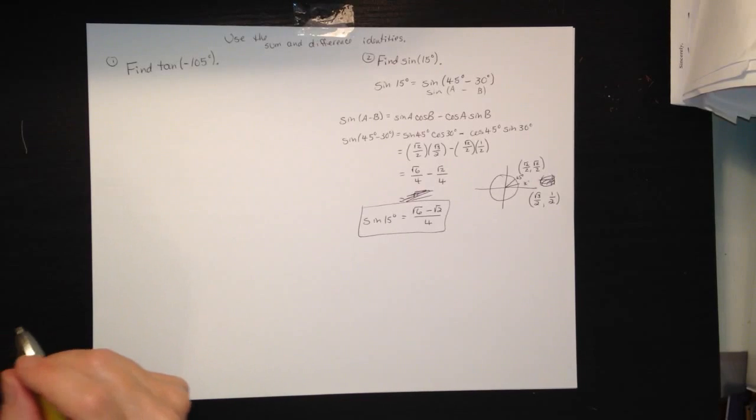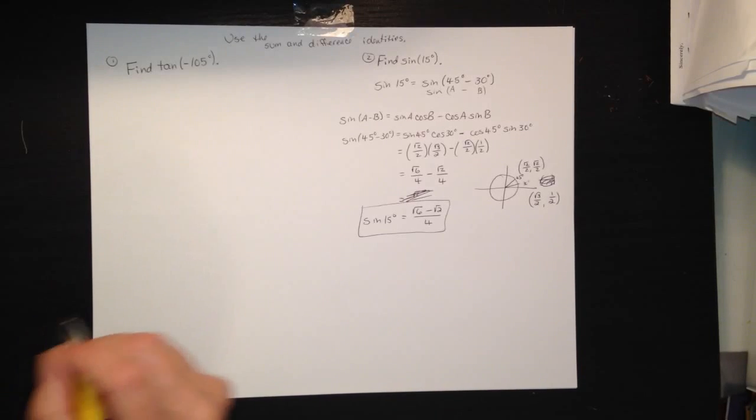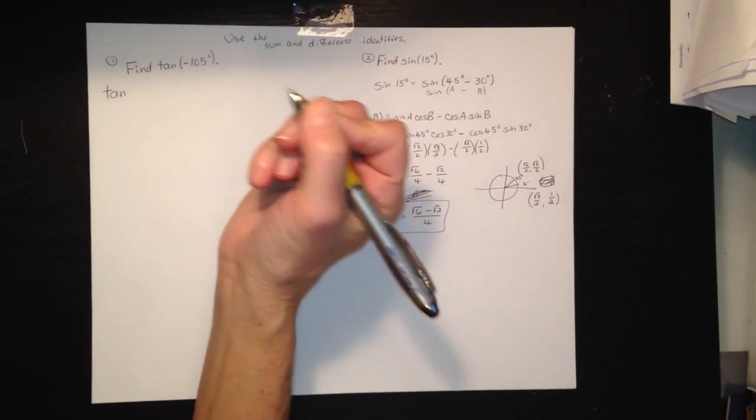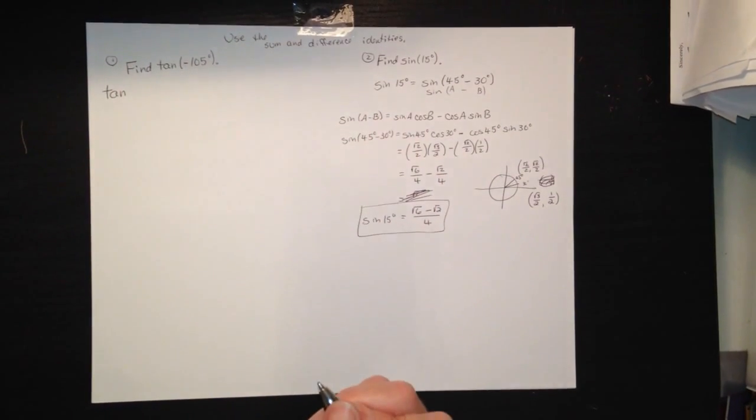All right, for the tangent, I'm going to choose to do it a little bit differently. I wanted to look at this in a different way. If I have to find the tangent of negative 105 degrees, I decided to rewrite this. And again, this is just one possible way of rewriting this angle. There are infinitely many different ways to do this correctly.